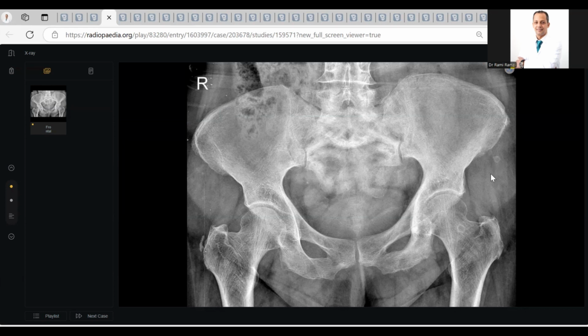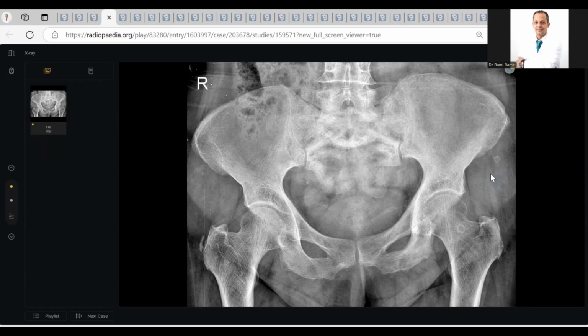There are some areas of hazy sclerosis in the left sacroiliac joint, and some even in the ischial tuberosities. And there is some calcification along the right greater trochanteric insertion. Don't worry about it. Concentrate at the sacrum and give me some related differential diagnosis, please.